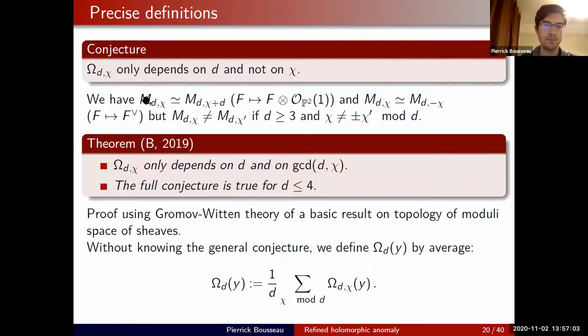But here, our moduli space M_{d,chi} is constructed from all possible curves in P2, and it's not completely clear how to make such a choice of points, like which D0 brane you need to add, in a uniform way. And in fact, the moduli space M_{d,chi} really depends non-trivially on chi. I just said that M_{d,chi} is smooth if d and chi are coprime, but singular if d and chi are not coprime.